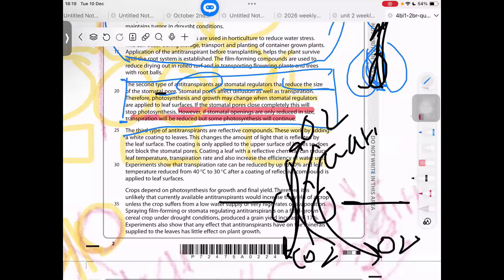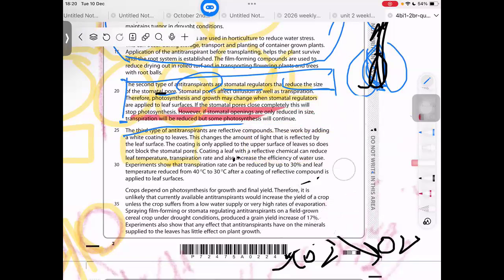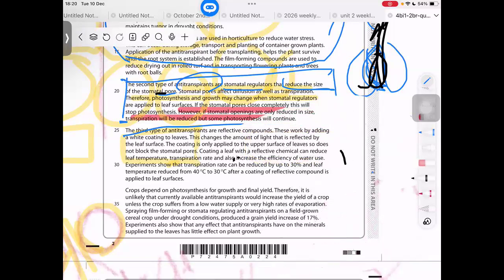As a byproduct of respiration, carbon dioxide is given out, right? Because both photosynthesis and respiration take place in plants. So all these gaseous exchanges take place via the stomata. Due to that reason, if you reduce the size of the stomata, it won't just affect the movement of water vapor, but it would also affect the movement of other gases like carbon dioxide and oxygen.